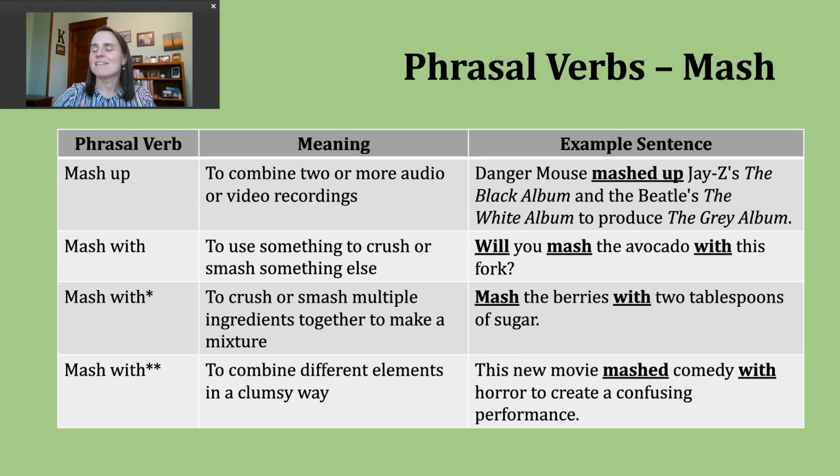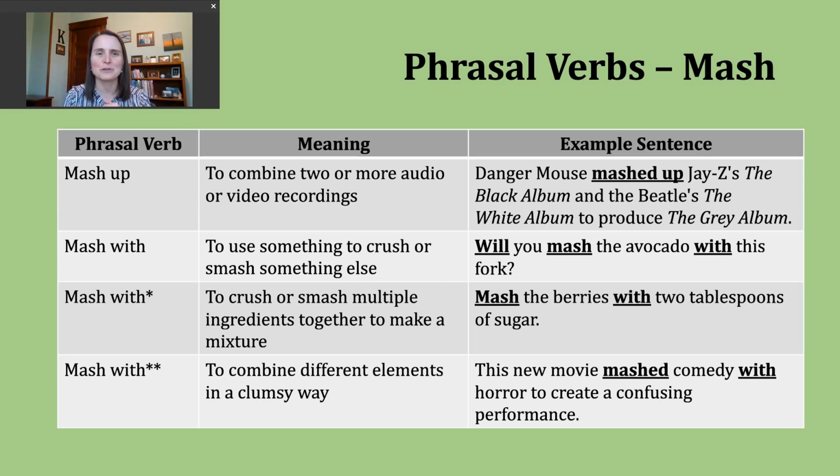Okay. Now, this sentence might not make a lot of sense if you're not a big fan of music, and frankly, this is 20 or more years old now, but I thought it was a really good example. So this particular individual combined the words from Jay-Z and some of the music from the Beatles' The White Album, and kind of the idea here of mixing black and white to produce gray.